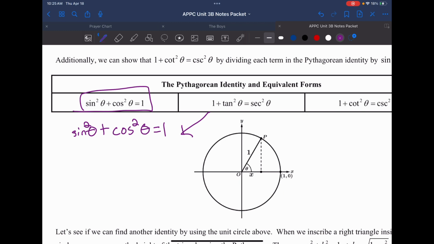So they get this one by dividing the whole thing by cosine squared theta.